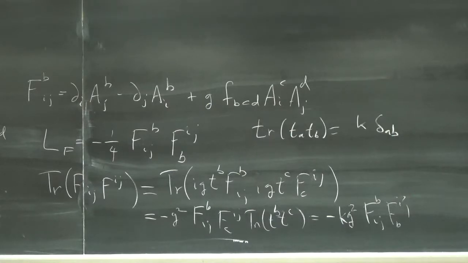The structure constants are the same for every representation of the Lie algebra of a group. But the representations have generators of different sizes, and so we have this K there for that reason.